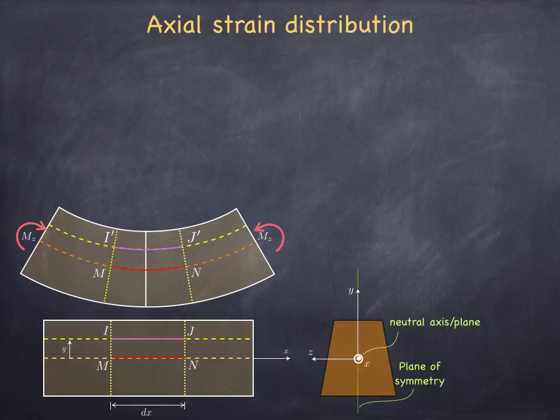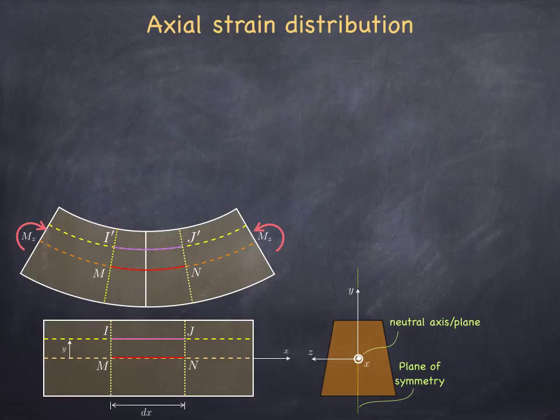So it is going to retain its original length. The same is not true for I and J, however. That's why I marked that little purple segment as I prime, J prime, because its length will have changed. In fact, it should become shorter to satisfy the Bernoulli-Euler kinematic hypothesis.